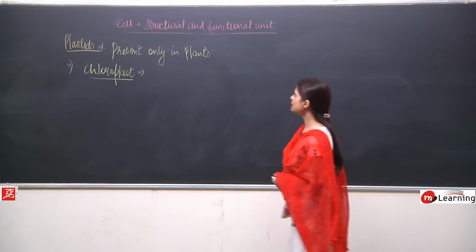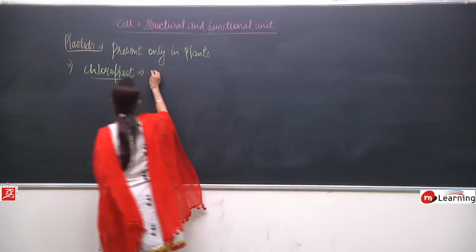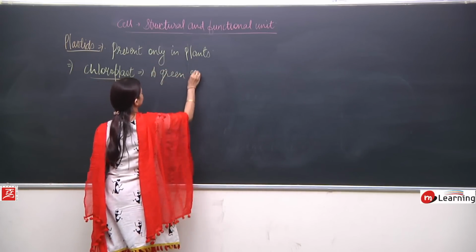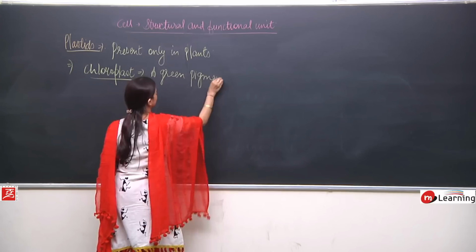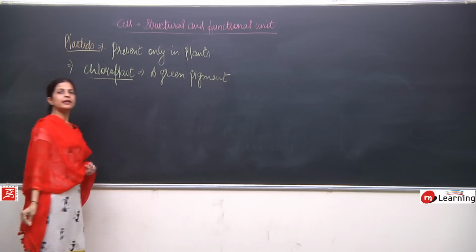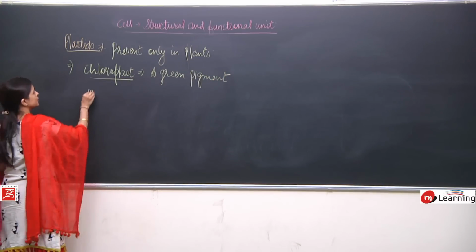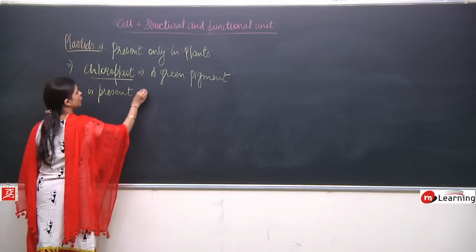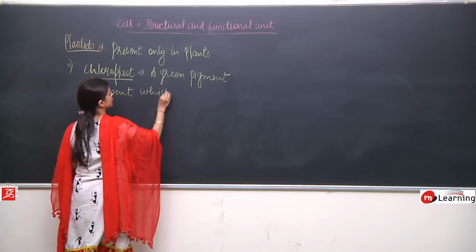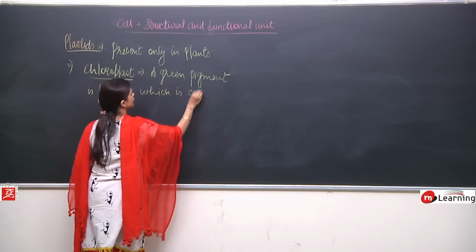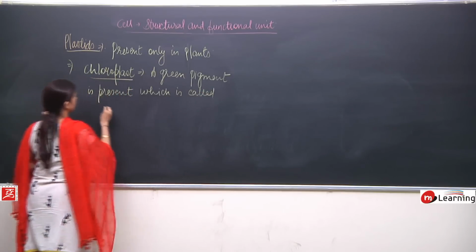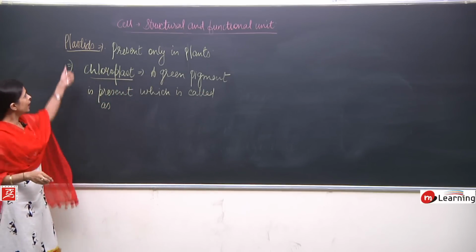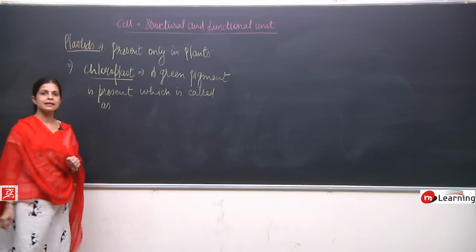Inside the chloroplast, a green color pigment is present, which is called chlorophyll.